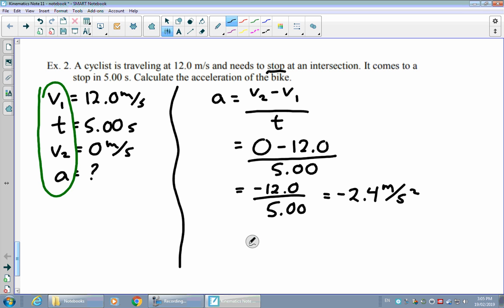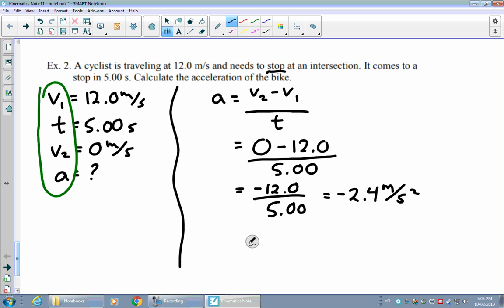So that's our substitution in our solution, but it's really important that we state a final therefore statement as well, especially for a question like this. Because that negative sign has a specific meaning to us. When we see that negative sign, we know that it means the object is actually slowing down at that 2.4 meters per second squared rate. So that's something we should communicate to someone else who's reading this solution.